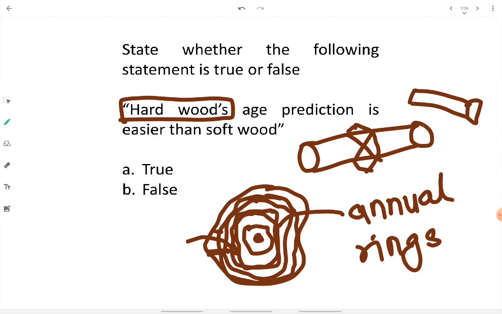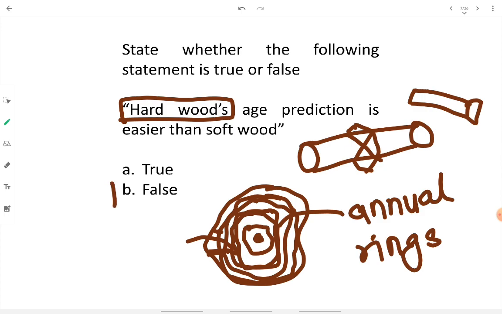You cannot just directly see and count the number of annual rings and tell the age of the tree in years. That's why in the case of softwood it is easy to determine the age of the tree, but when we are talking about hardwood it is not easier. So the statement provided here, that hardwood's age prediction is easier than softwood's, is false.